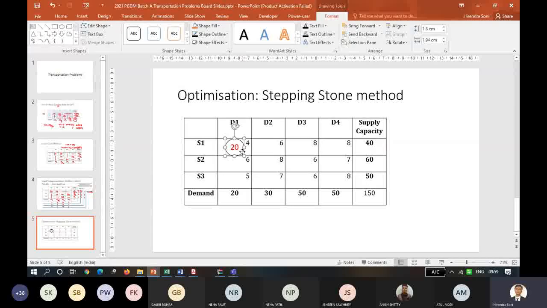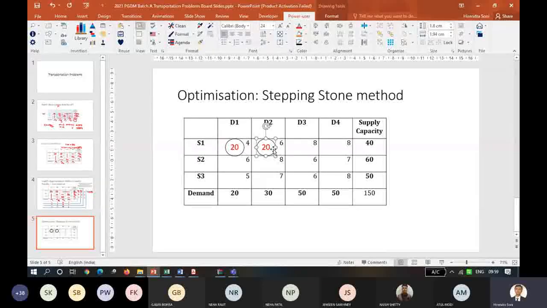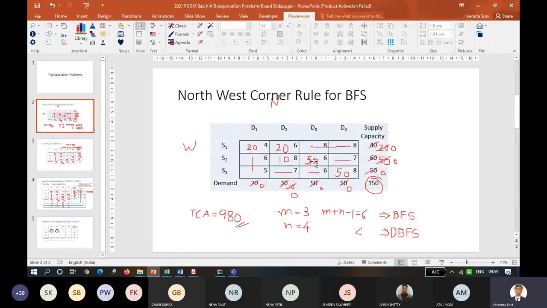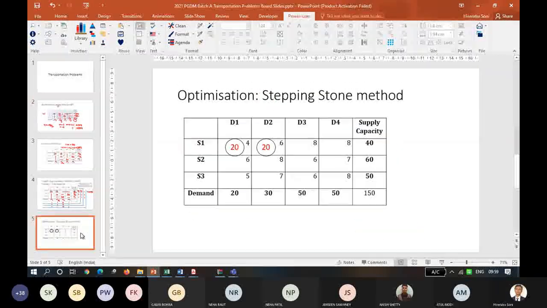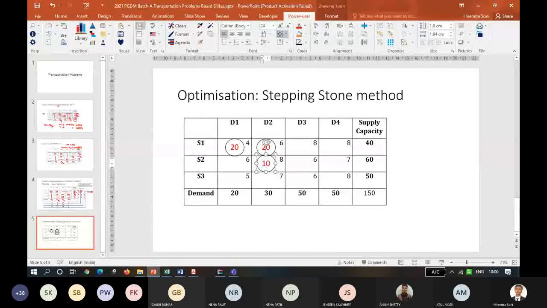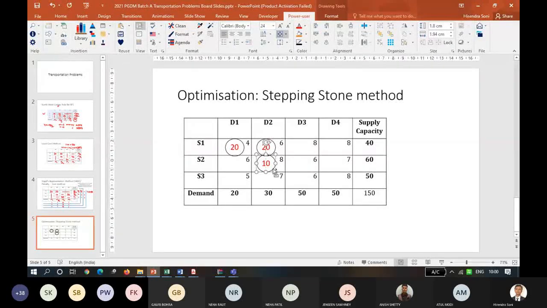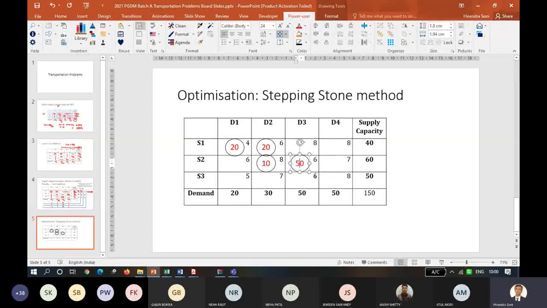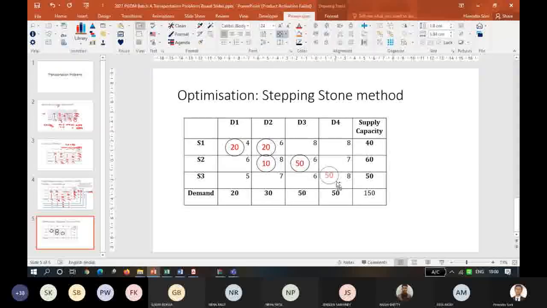So we have got 20 here, we have got another 20 here. Okay, after this, we have got 10, 50, 50.